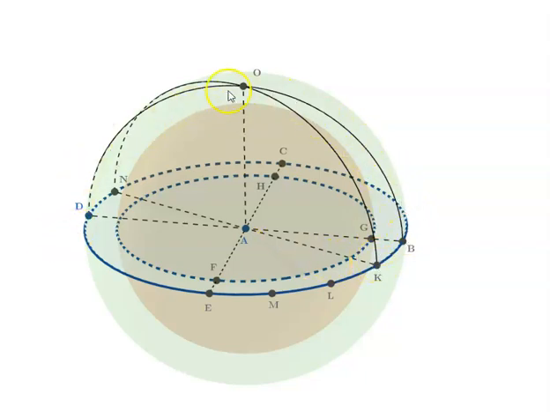Now, the semicircles BOD, KON, KED are all equal to each other because they are on the same or equal diameters, which means that the segments that we have marked here will be there on these semicircles also in the same magnitude and same multitude.